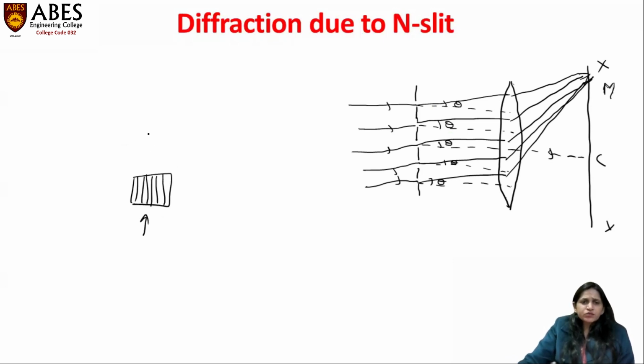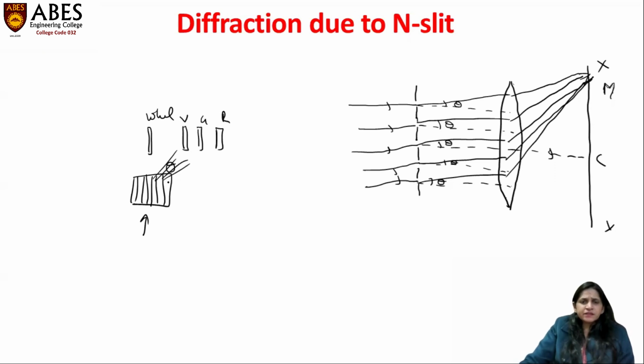The light that moves straight will give us a white color. When the light bends from all the slits at angle theta, after getting focused by the telescope, we can get the VIBGYOR, violet, green to red color.